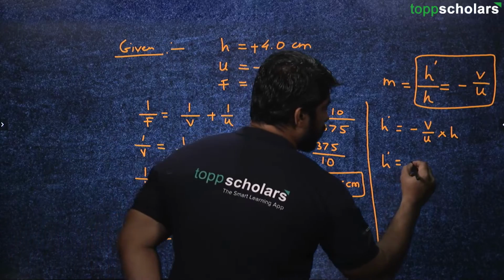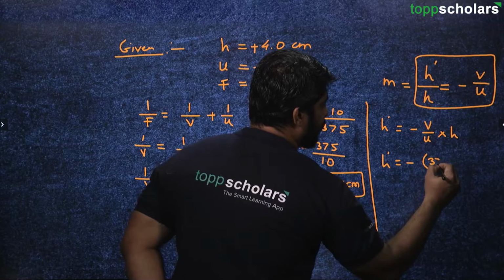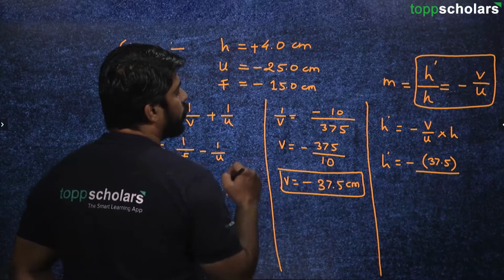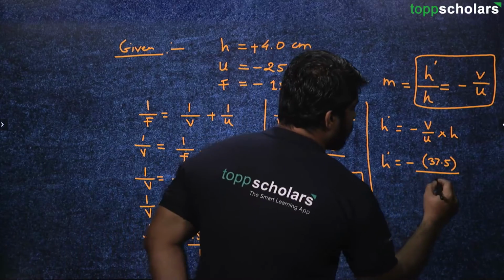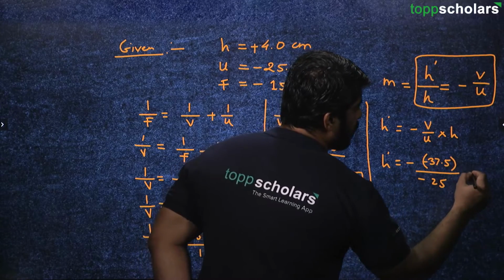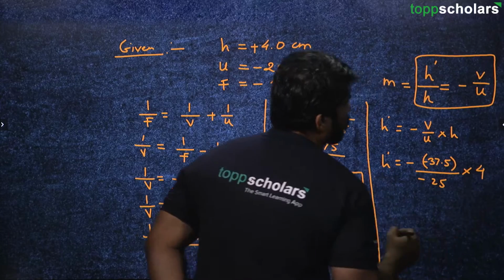So here it is minus 37.5 divided by u. What is u? u over here is minus 25, and here also this is negative, into h. What is h? h is just 4.